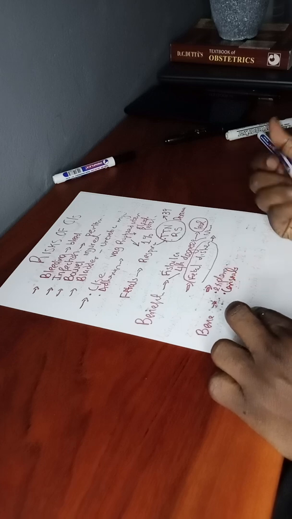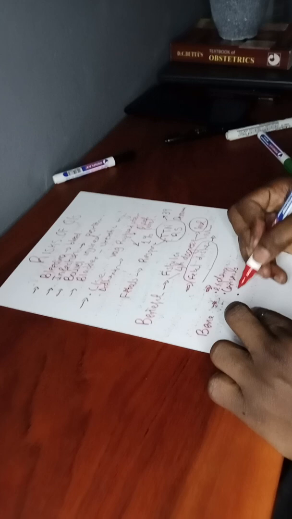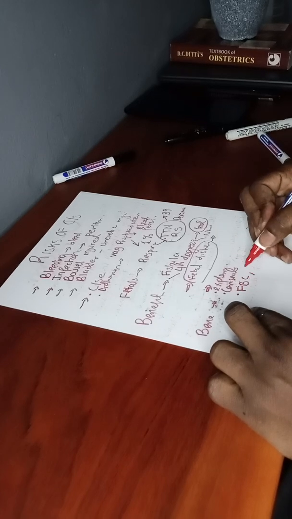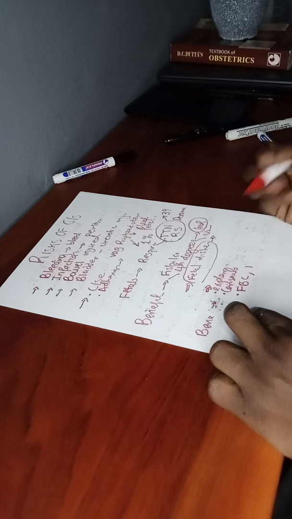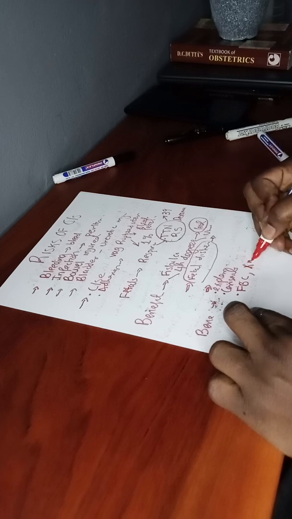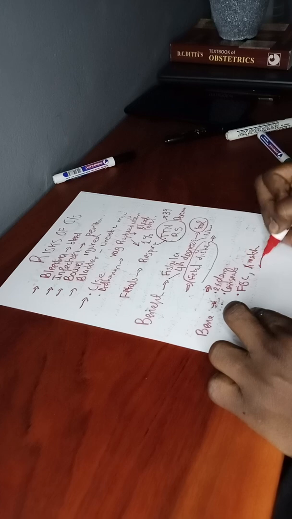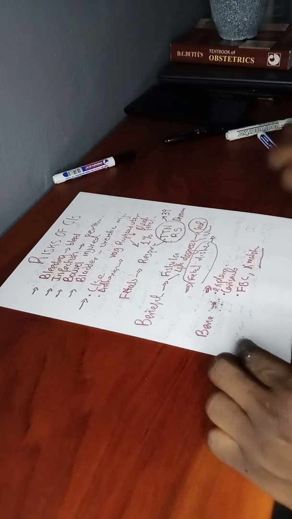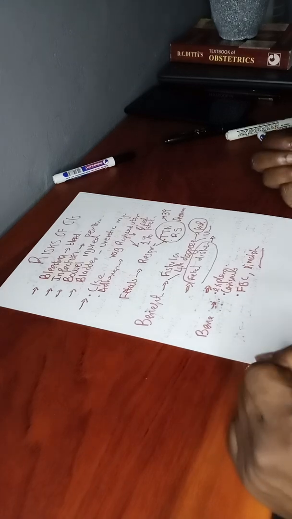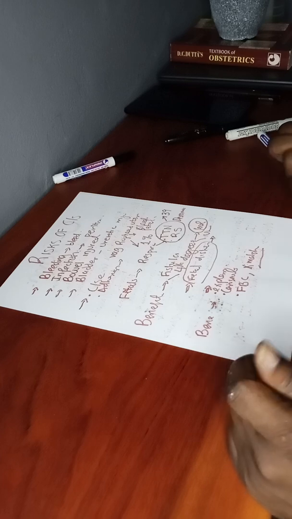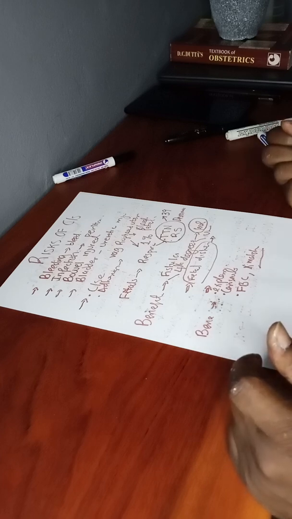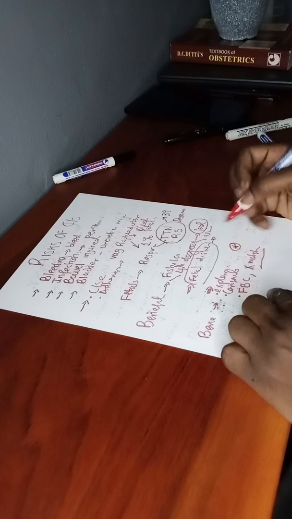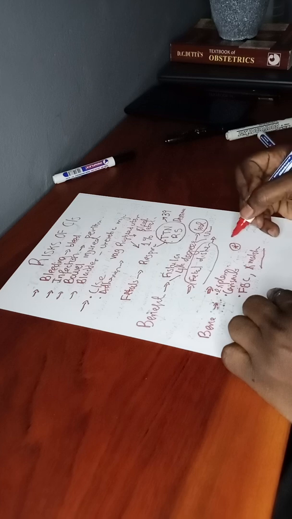The mother understands what's going on, and usually we do those preliminaries, a full blood count, and we usually cross-match the patient because of the risk of postpartum hemorrhage and so on. So the preparation is really important for the patient to end up with a good outcome.